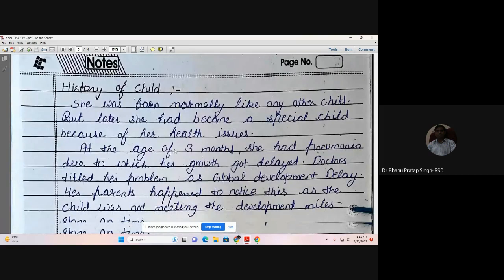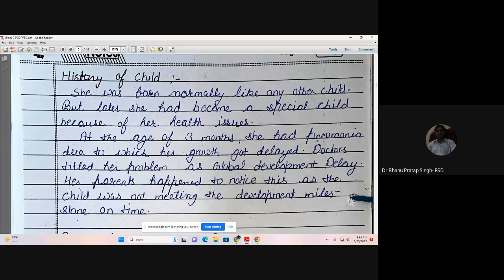History of the child you have to write in the introduction part. History of the child means she has written that the child was born normally like any other child, but later she became a special child because of her health issues.